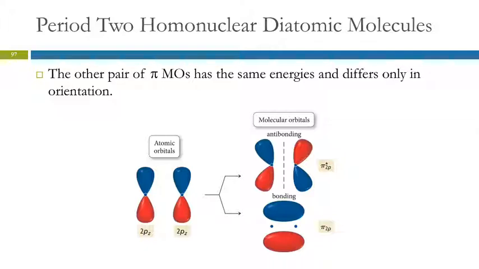It's just oriented differently. So now we're looking at it from a different perspective, and so now it's even clearer to see. It kind of resembles the letter pi. So this is pi 2p and pi star 2p. Any questions?